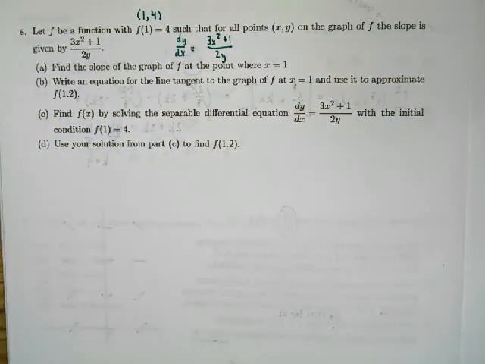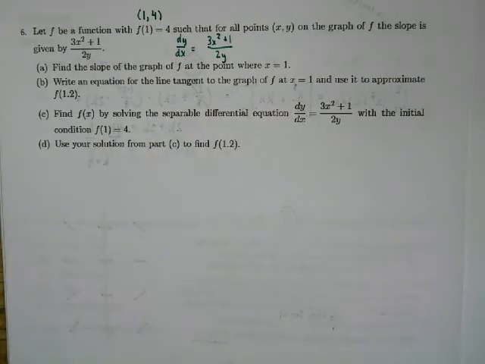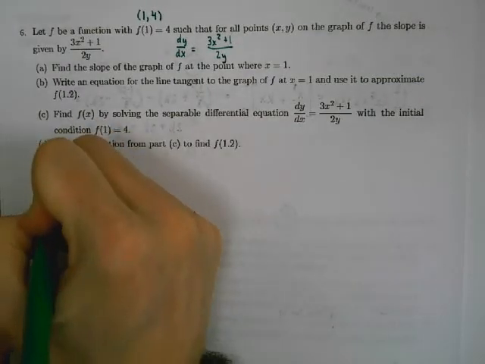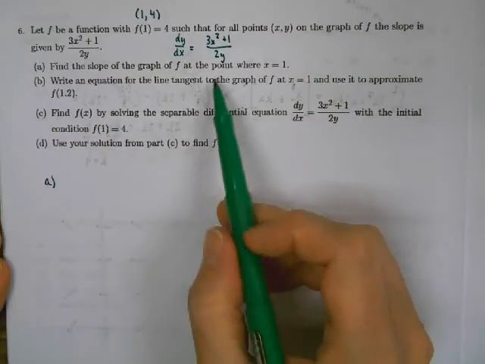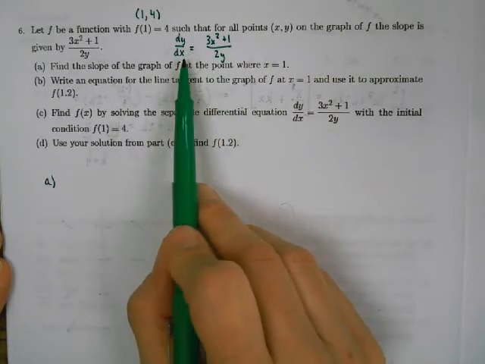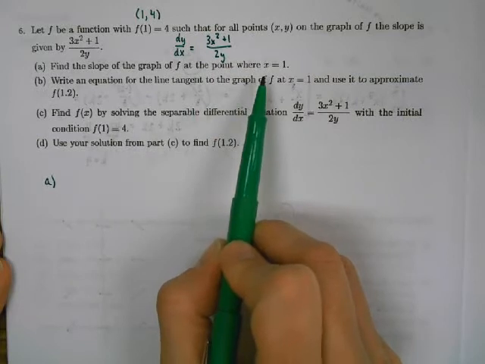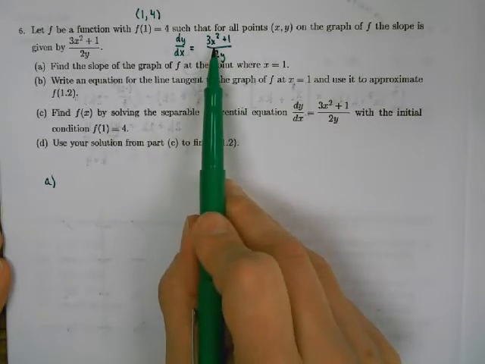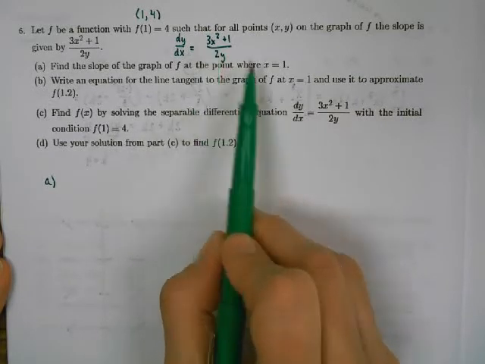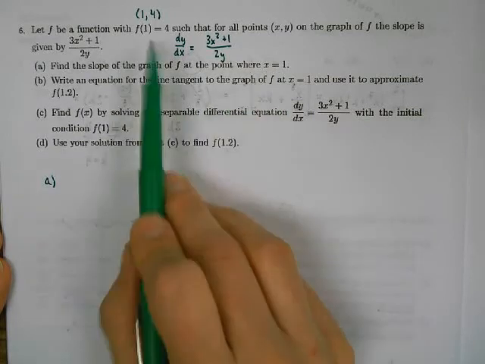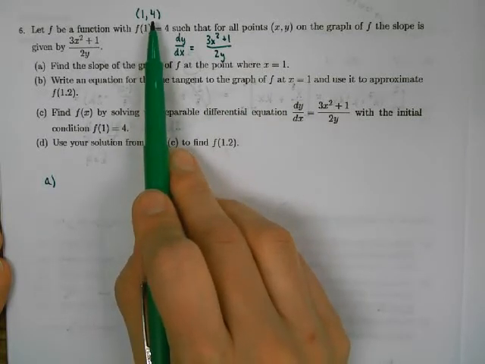All right, so let's see what we need to do here. The first question says find the slope of the graph of f at the point where x equals 1. So I know I want to find the slope. Well, that's just our dy/dx here. Where x equals 1, they told us f of 1 equals 4, so we know our y value is 4.